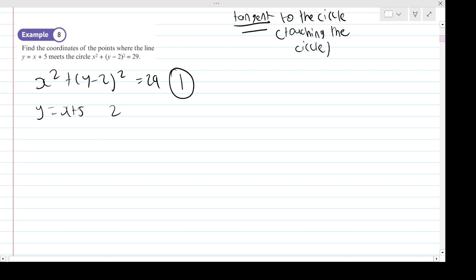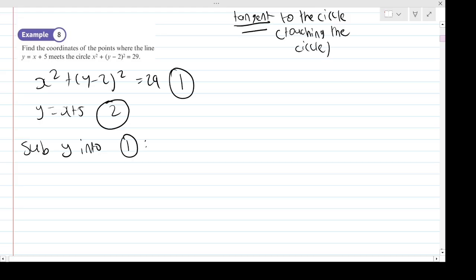So again, these two curves meet, they intersect. So we're considering when they intersect, so we have to equate them together, which means they are simultaneous equations. What I mean by equating them is I'm going to substitute y from the second equation into y in the first equation, and that's going to be the strategy. So I'm going to sub y into 1, or you could say sub 2, it doesn't matter.